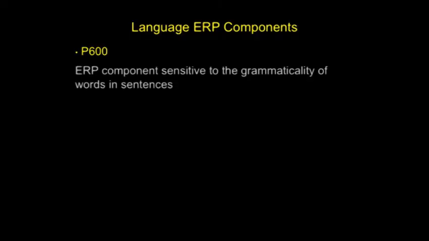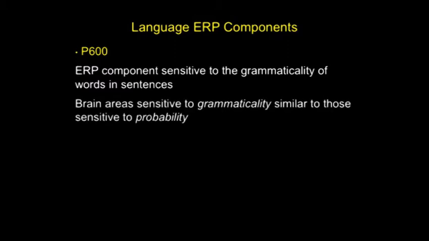Finally, the last component that is related to language comprehension is the P600 component. P because it is a positively going wave that peaks around 600 milliseconds after the onset of the stimulus, therefore the P600 component. This component is sensitive to the grammaticality of the words in a sentence.